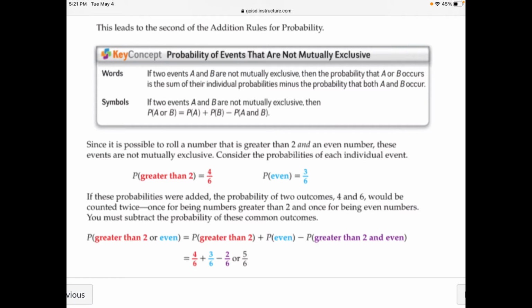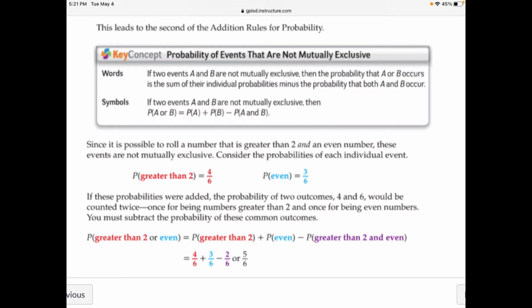Once for being numbers greater than 2 and once for being even numbers. So you need to subtract those common outcomes that would be counted twice. That's why here we add the two fractions, 4 over 6 plus 3 over 6, minus the two that are counted twice. The two that are counted twice are the numbers 4 and 6. And so our final answer is 5 over 6.